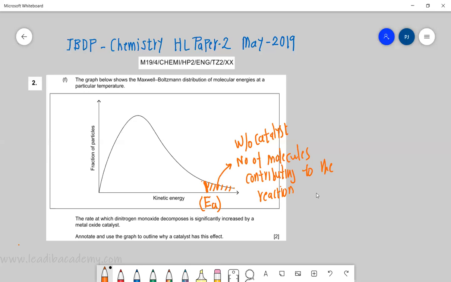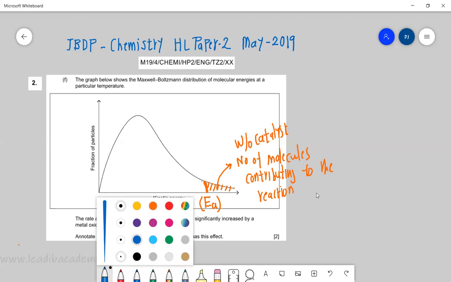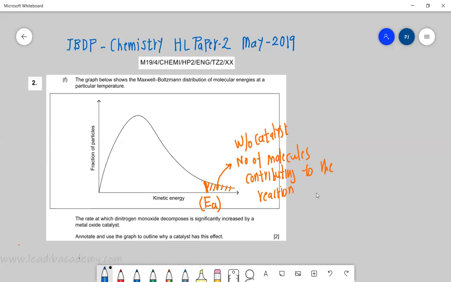Now let's say we introduce the catalyst. We are very much aware that a catalyst takes a reaction path which has a lower activation energy. So the new activation energy may be like this, which I'll call EA with catalyst. So what has happened now?